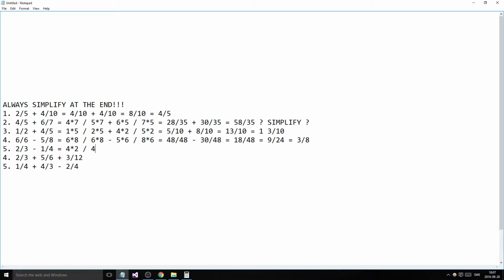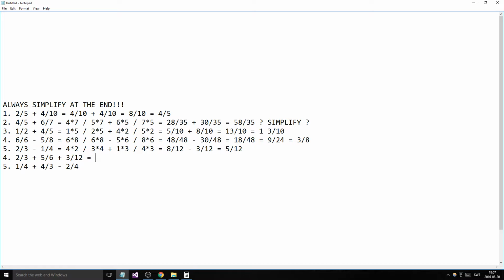Why not? 4 multiplied by 3, which gives us 8 divided by 12 plus 3 divided by 12, which gives us, no, minus, excuse me, which is 5 divided by 12. And can we simplify this? No, we cannot. So this is correct.